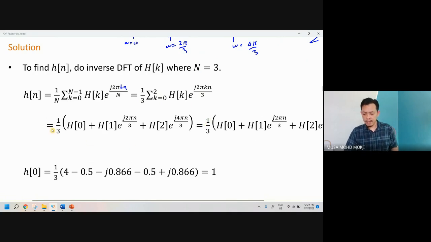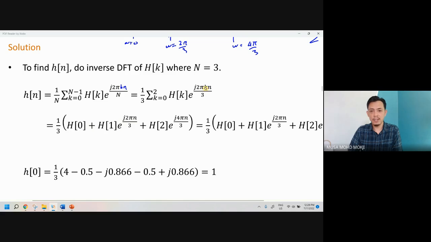So then we can expand this. The first one is k equals 0, means that h0 e to the power of 0 because k is 0. So we have h0, plus the next one will be h1 e to the power of j2 pi n over 3 because you replace k equals 1.